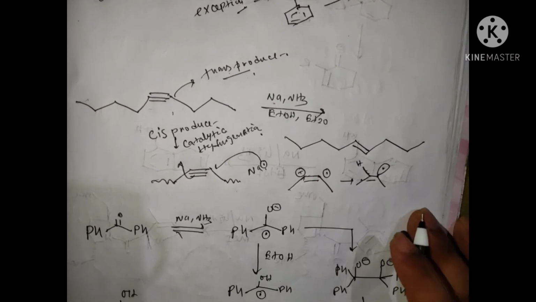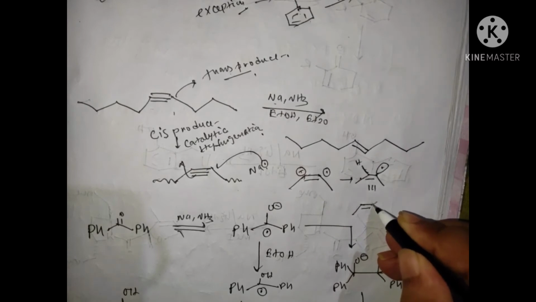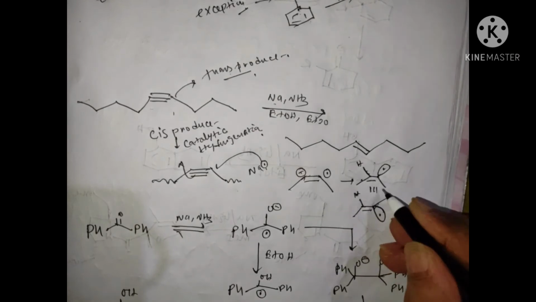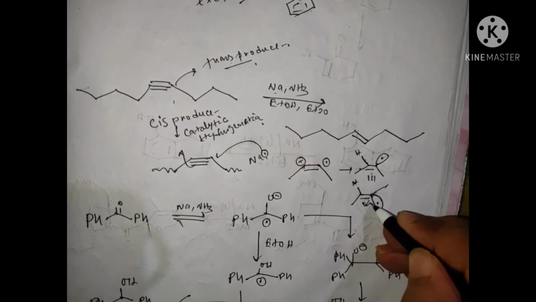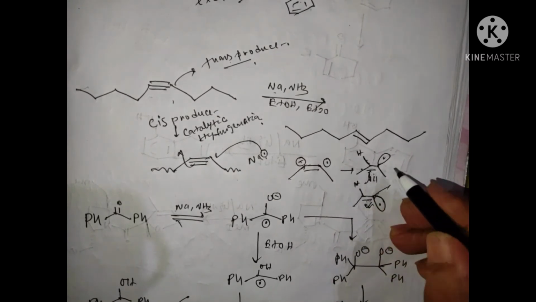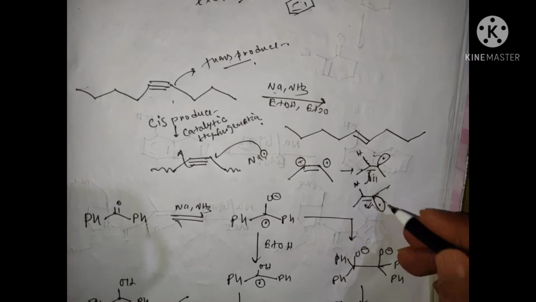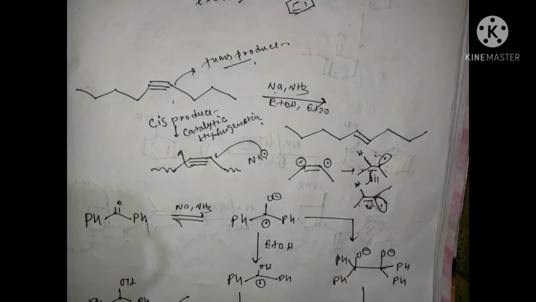So here the electron is present. This can be protonated in the next step. Here the electron is present, so we can also write it like this. Both are isomers. This isomer is more stable because there is no repulsion; it is more stable than the other. So we always obtain the trans product in alkyne reduction by Birch reduction, by sodium liquid ammonia.